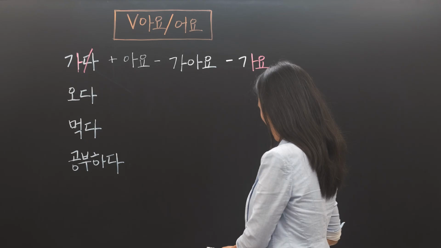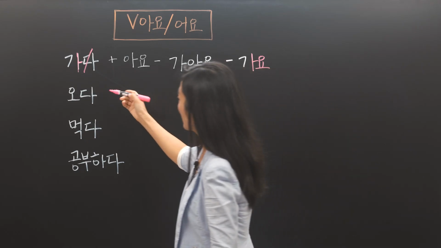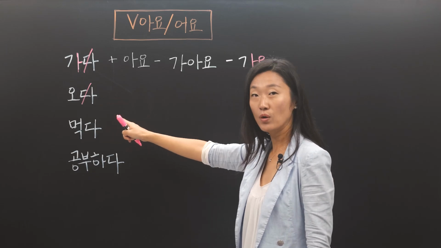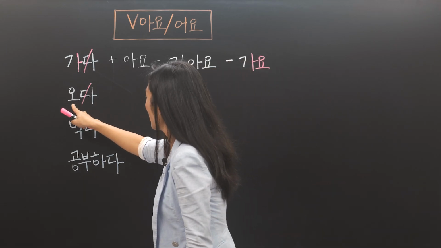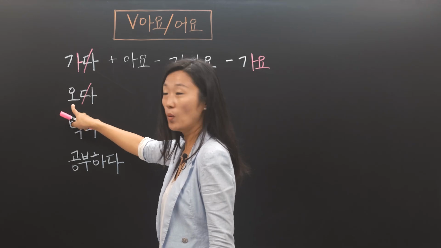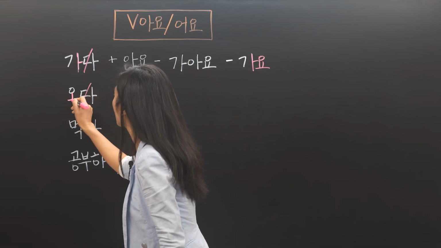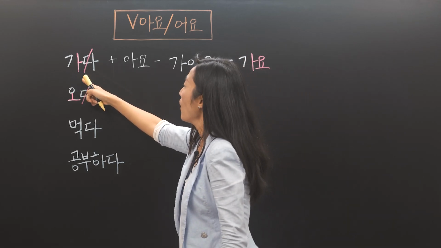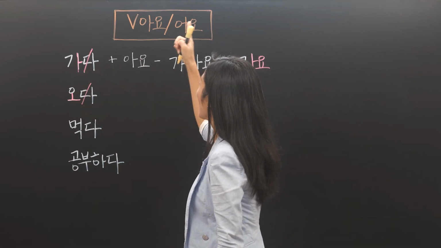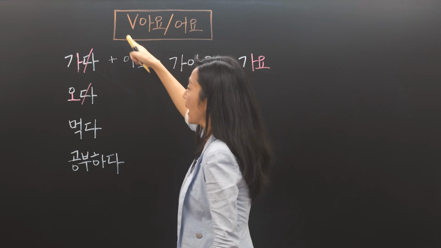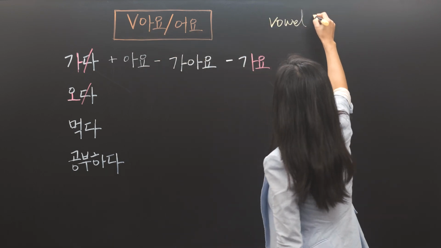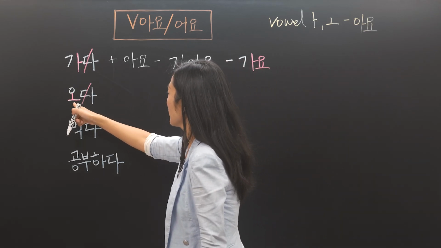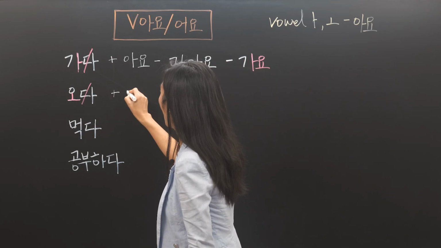And 오다, to come. We have to remove 다 first. And look at the last vowel. The last vowel is O. If the last vowel is A or O, we always add ayo. So the last vowel is O. So we add ayo.